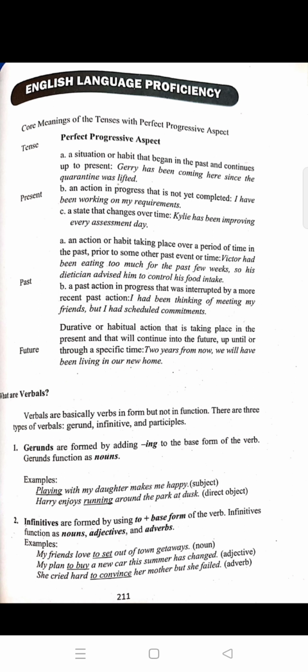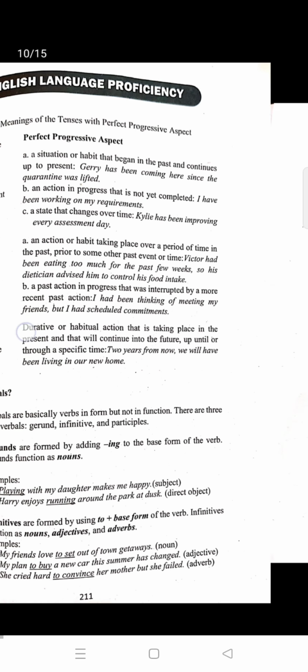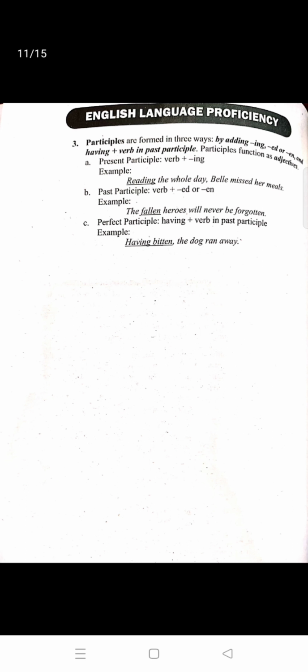She cried hard to convince her mother, but she failed. So, to convince is your infinitive. They look like verbs, but they are not functioning as verbs. Therefore, they are called verbals. And the last type, we have the participles. Participles are formed in 3 ways: by adding ing, ed, or en, and having plus verb in past participle. So, participles, they are ending in ing, but they are functioning as adjectives.